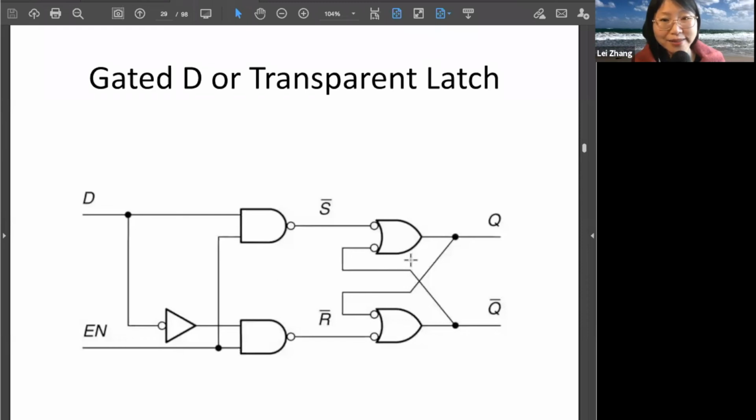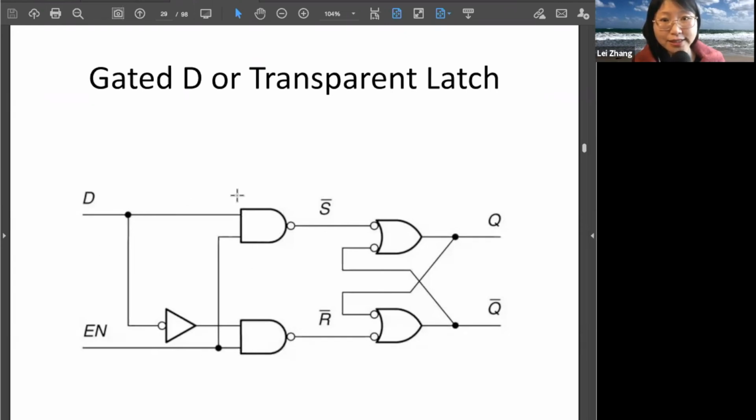So this is the circuit. It looks very similar to what we saw before. The difference here is we have the D input, which is only one input now, and it passes through to the first NAND gate. Also, it passes through a NOT gate and gets into the second NAND enable gate.